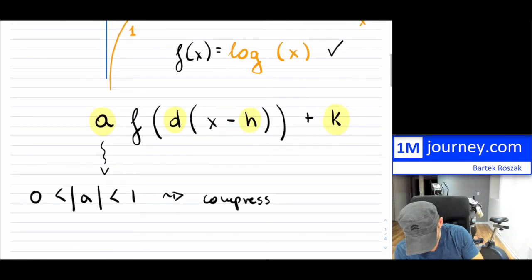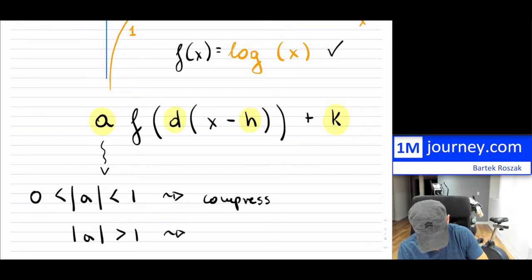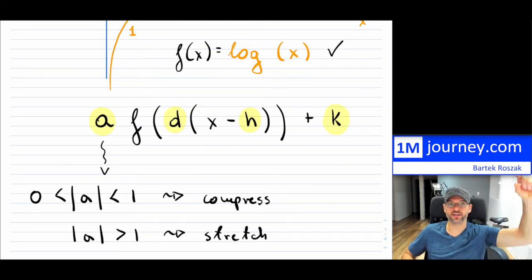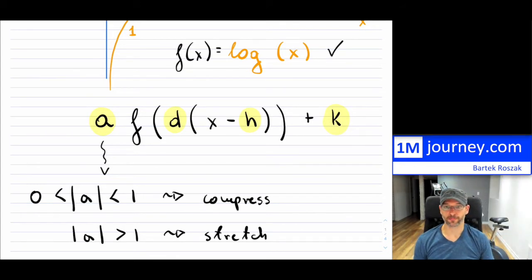If the absolute value of a is greater than 1, then it will actually stretch it. If you grabbed it at infinity here and here, it would just kind of stretch it out. And that's for your a.